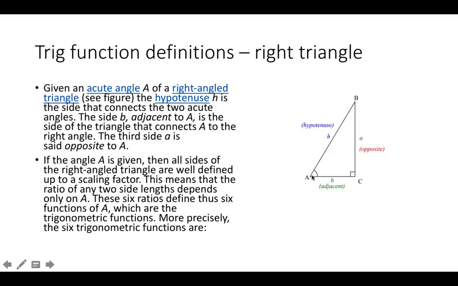So if the angle A is given, then we could basically know, relative to a scaling factor of the length of the sides, what the lengths of the sides are. So basically, if we have one angle defined in this triangle, then from geometry and trigonometry, we can know all the other angles, and we can know the ratio of the lengths of the sides.